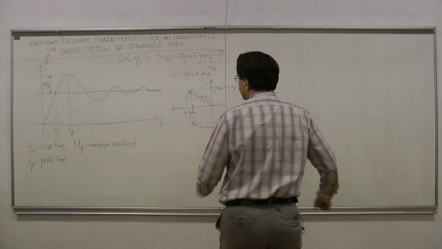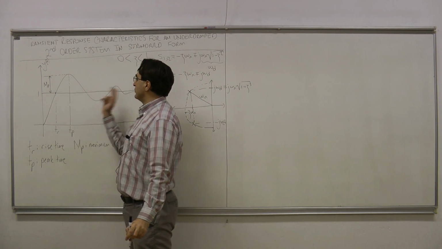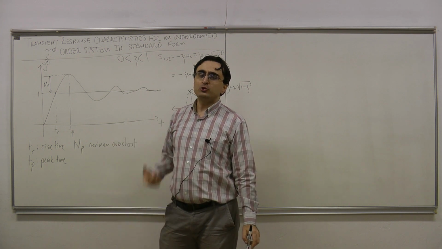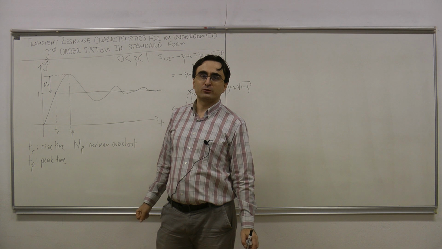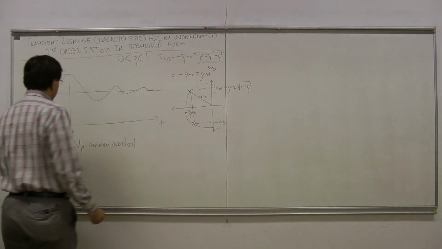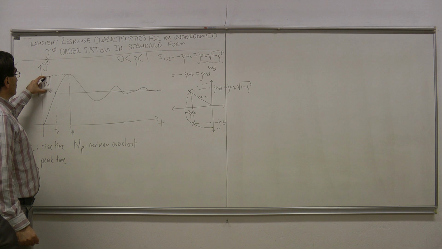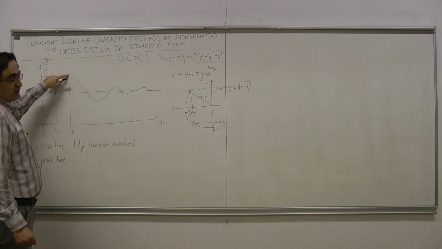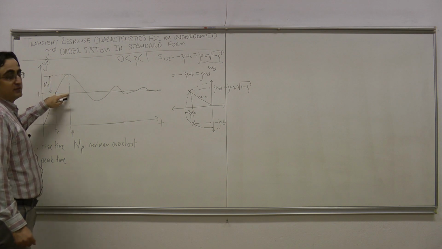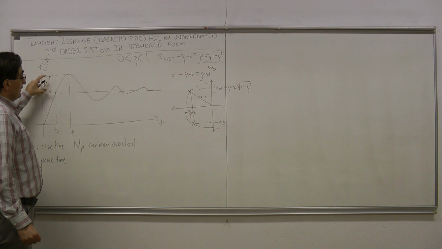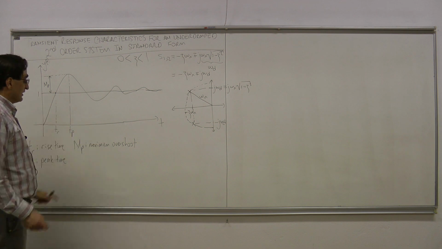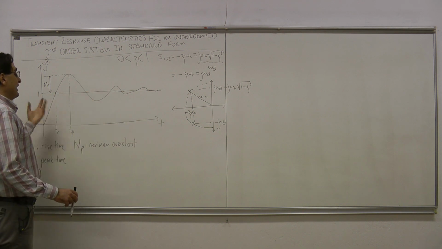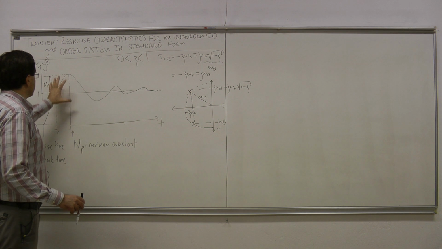Sometimes, if the actual response is not converging to the value 1, we are going to define and use something called percent overshoot. So this is the absolute overshoot here. MP is the absolute overshoot, the difference between the peak response and the desired response. Okay, so that is the absolute maximum overshoot. And sometimes, if this response is not converging to 1, that means that in the standard system there is a scaling.